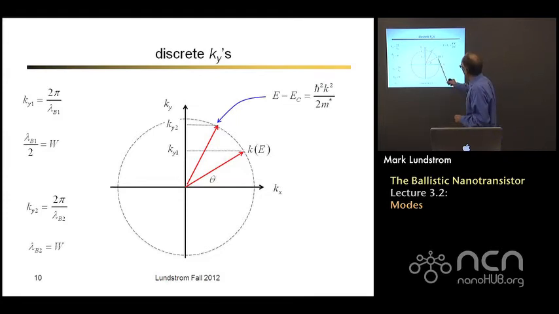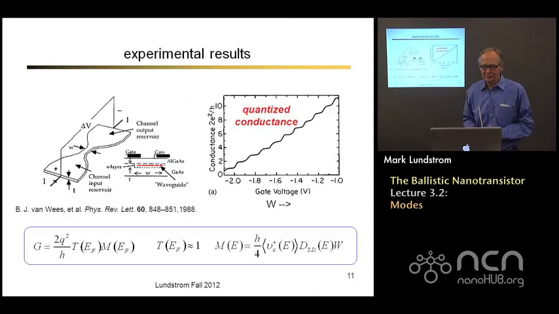So for this particular case, I have two different values of k in the transverse direction, both of which give me wavelengths that satisfy the boundary condition. So at the particular energy given by this circle, I have two possible electron channels that will satisfy the boundary conditions, and those are the two channels.